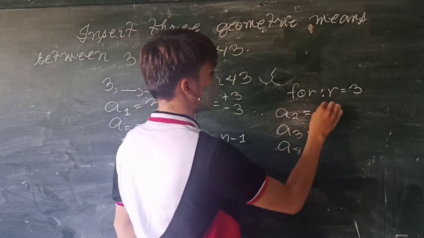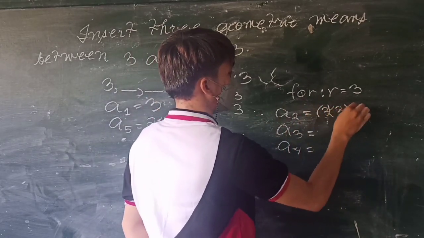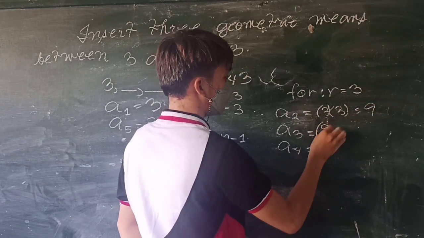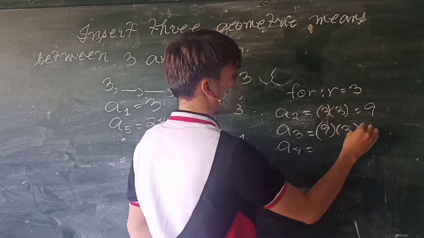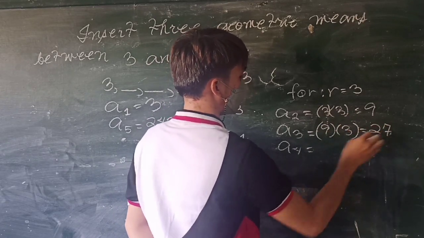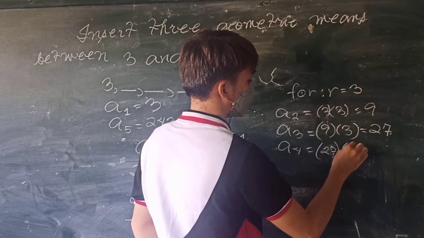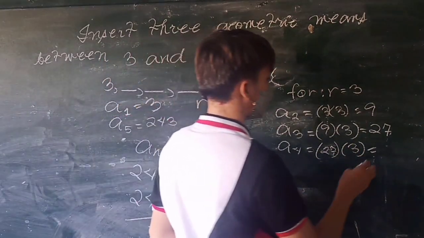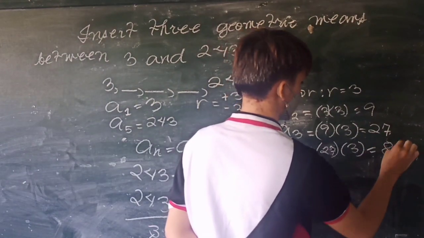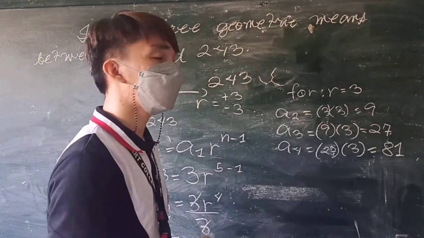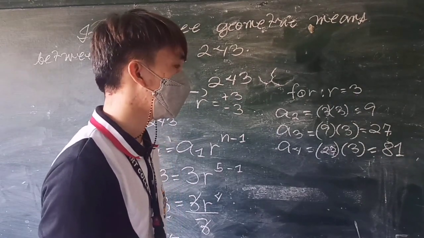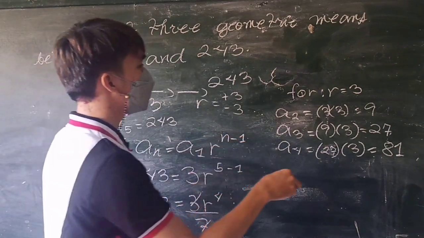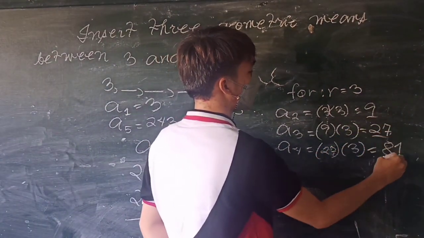So it's the first term, which is 3 times 3. 3 times 3 equals 9. 9 times 3 equals 27. 27 times 3 equals 81. So, if r, or the common ratio, is equal to positive 3, then the geometric means are 9, 27, and 81.